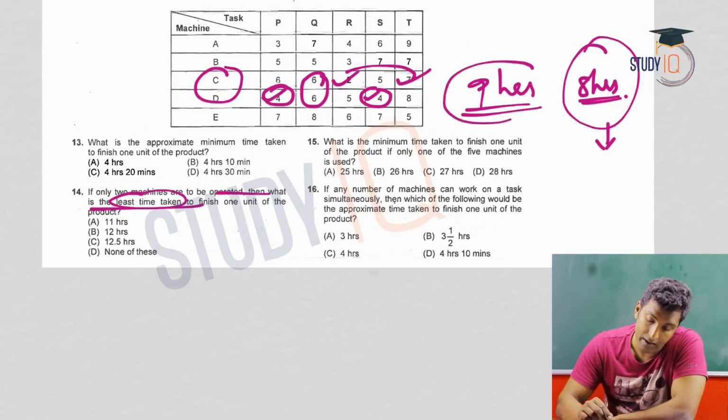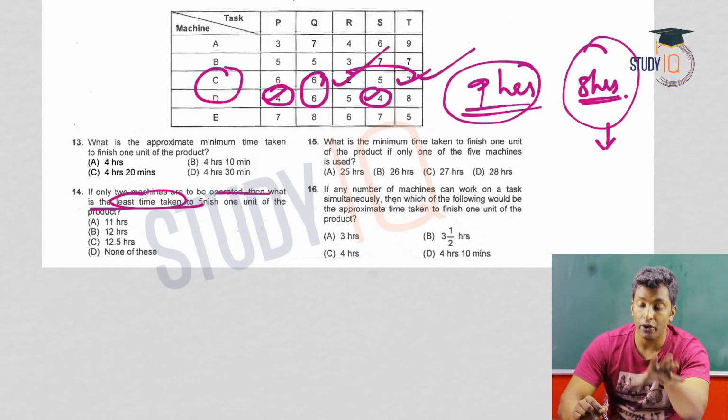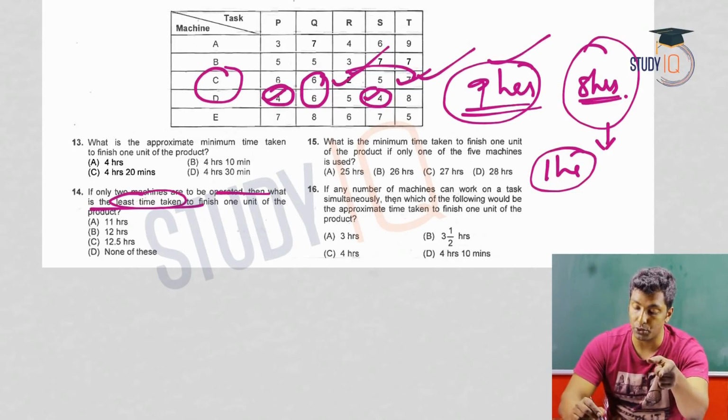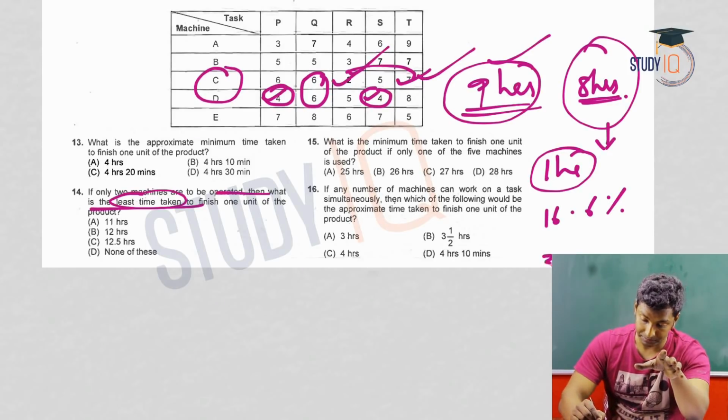So when C completes task T and R in 9 hours, D is actually getting 1 hour to perform task Q, and in that 16.6 is completed. What is the balance? Balance is 84.